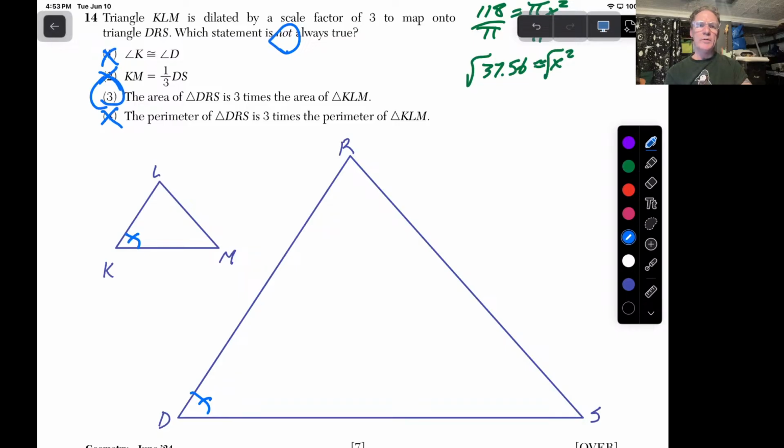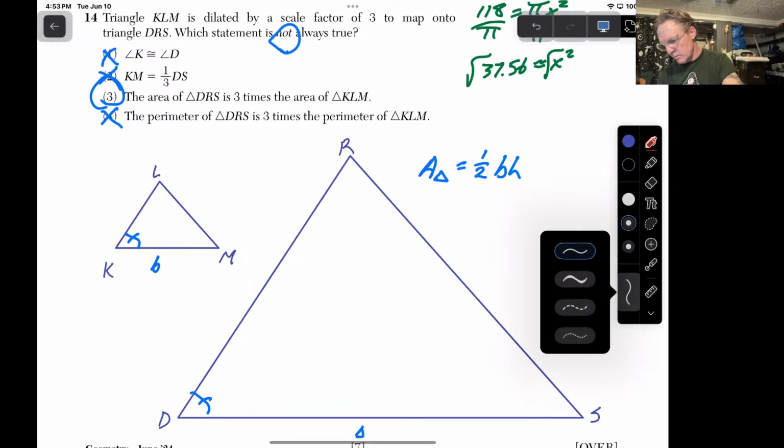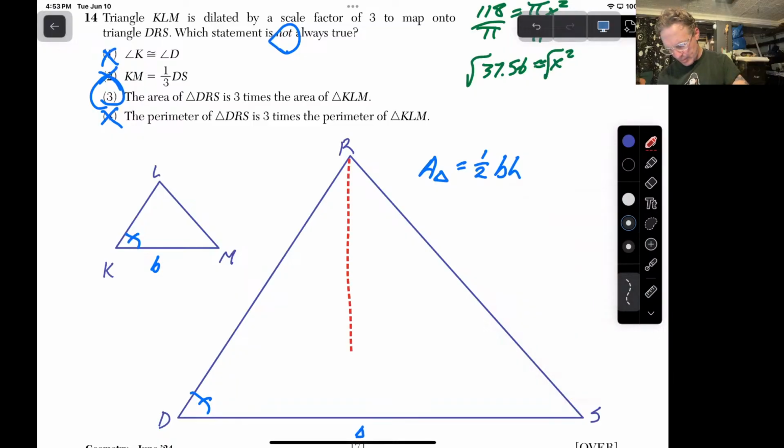It's this area one. If you ever see a dilation question with area, remember the area is also going to be scaled. The area of a triangle, which is also a formula you need to remember, is 1/2 base times height. So this would be our base, and this would be our height.